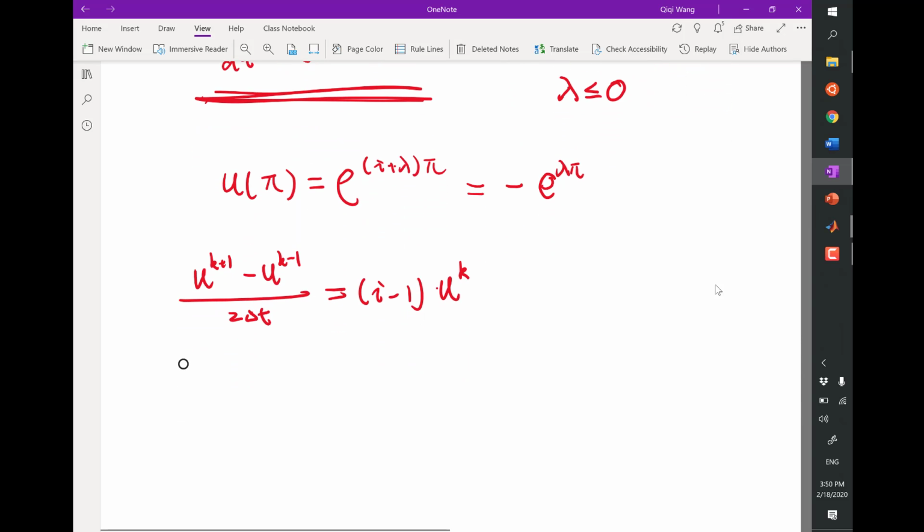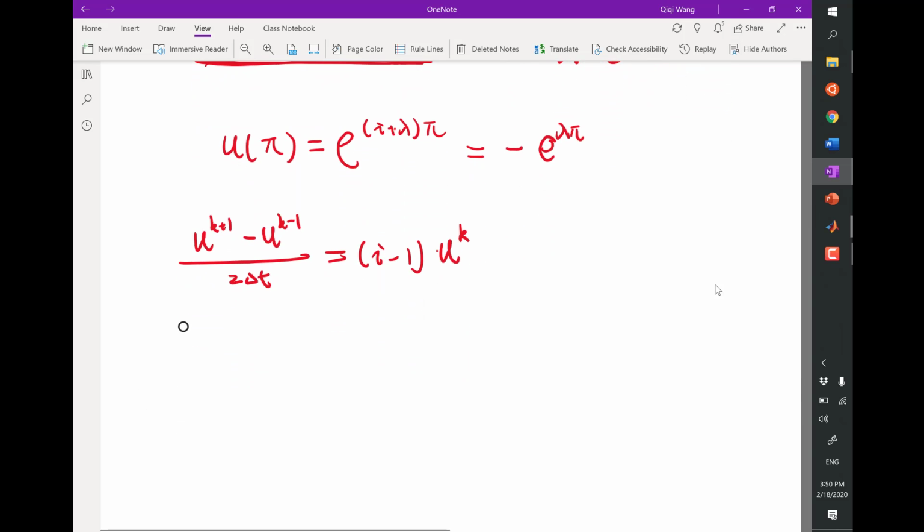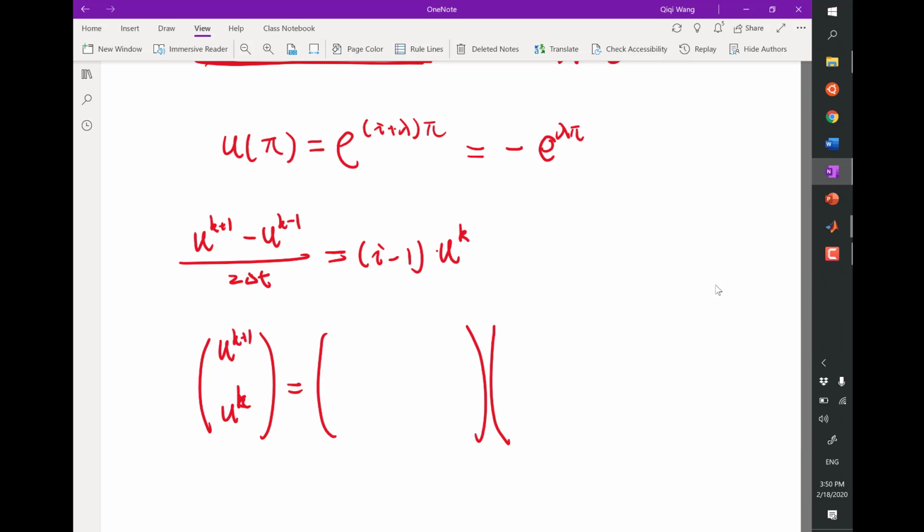Again, if we write this scheme in matrix form, can we write u_{k+1} and u_k as a matrix, which is delta t dependent, times u_k and u_{k-1}? What matrix do we get here? What's the second row of the matrix? 1, 0.